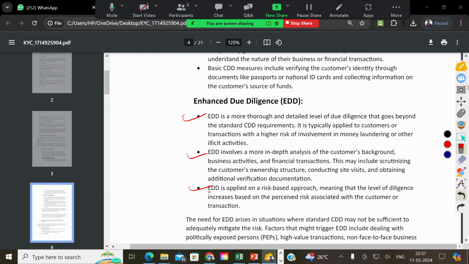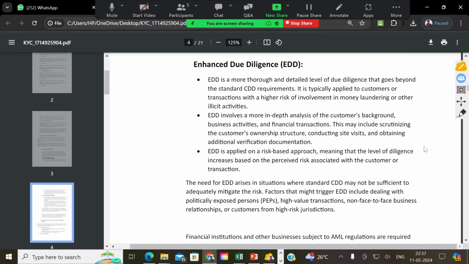All right, and especially EDD will be performed for PEPs, politically exposed persons, or high value transactions, or maybe even company accounts, basically current accounts and all. So they perform the enhanced due diligence process. Here they have mentioned as well, EDD will be performed in case of PEPs and high value transactions. For retail people, we just try to perform CDD only, but for organizations or PEPs, we perform EDD.